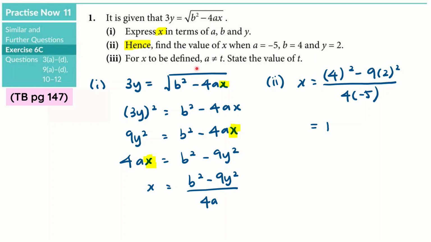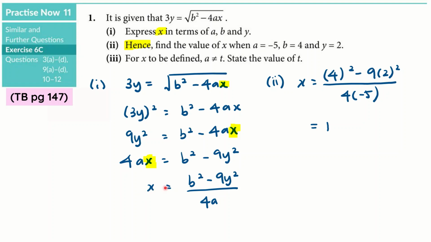So the question is asking, what is this number that they have put as t, such that it will cause my x to not be a value that I can find out from my calculator? I do not want to see a math error on my calculator.